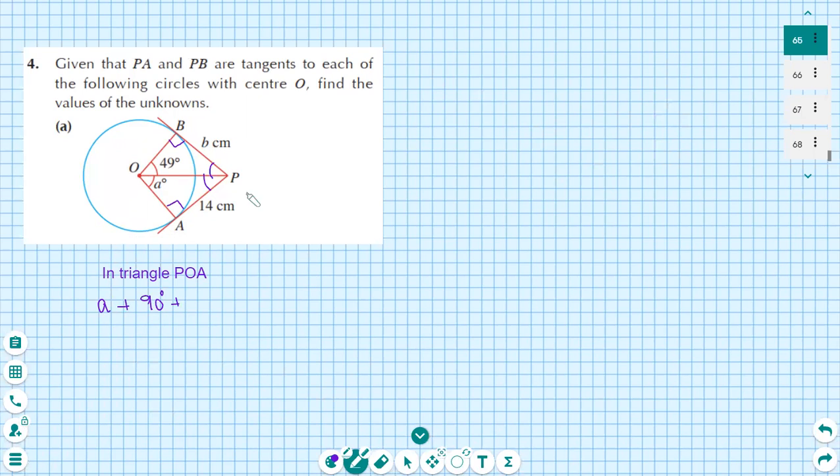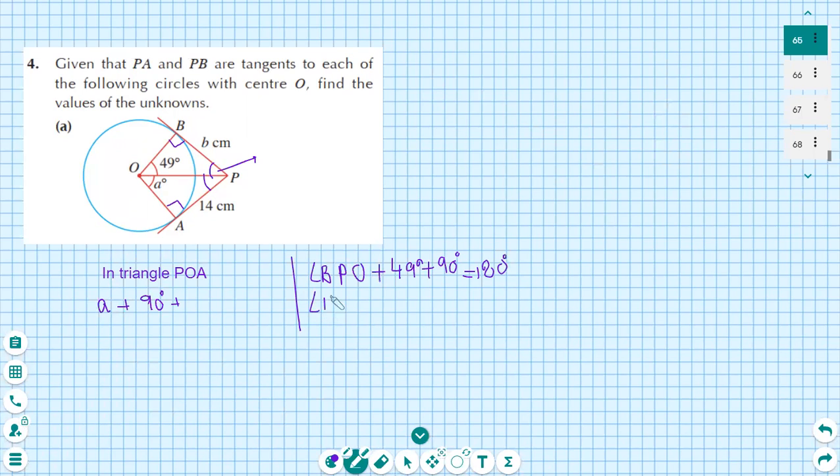So we have to find this one first. I'm finding this angle BPO plus the second one, 49 on this triangle, and third one 90, equal to 180 degrees.